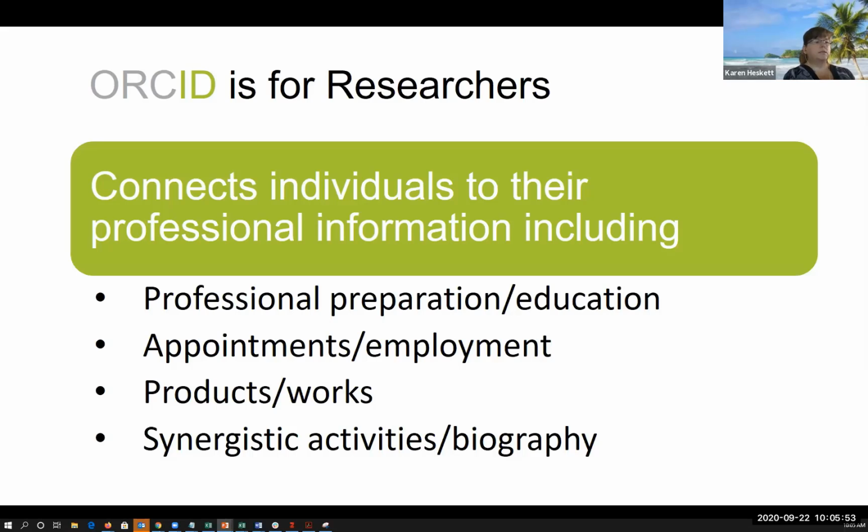Your appointments are your employment details, and ORCiD gives you a place to put all of those. Your products are your works, and the nice thing with ORCiD is that you can easily import that information so that you don't have to retype it. And your synergistic activities, well, that's your biography statement, and ORCiD gives you a place to have that too.